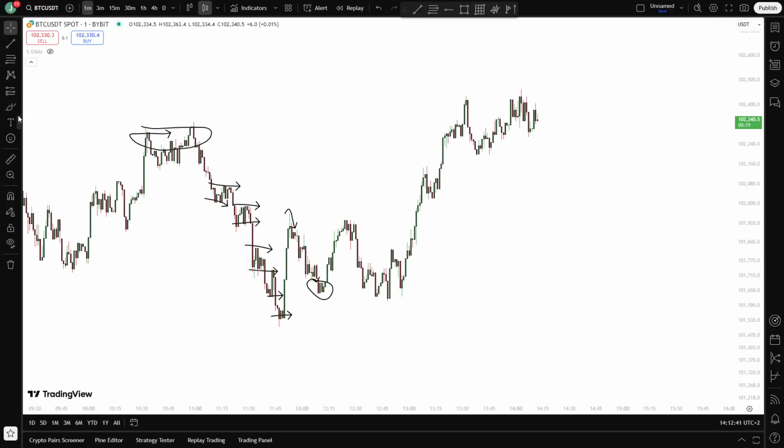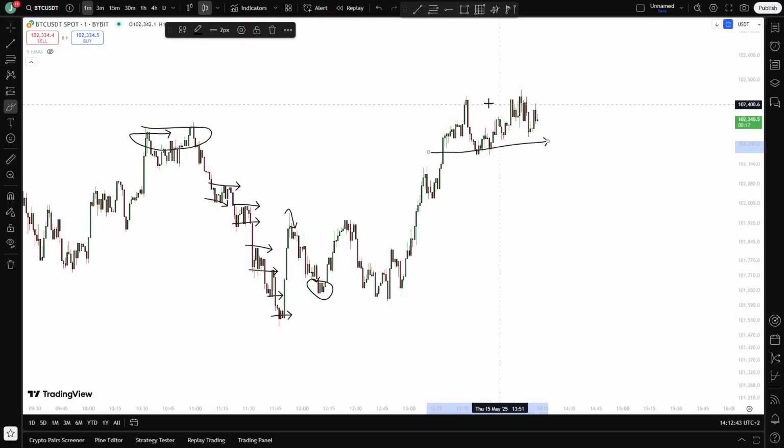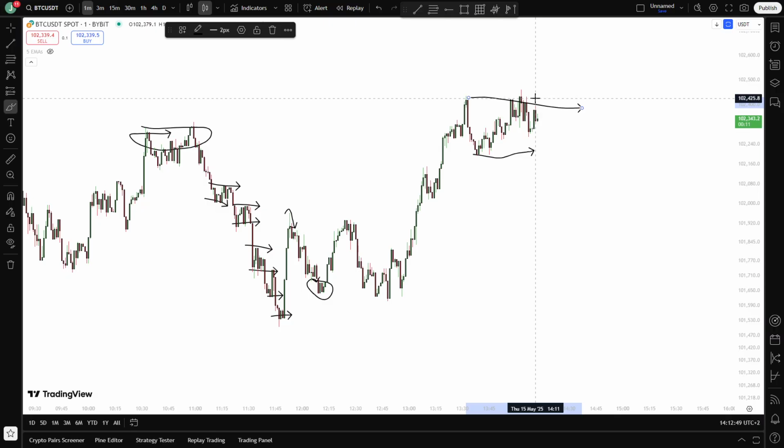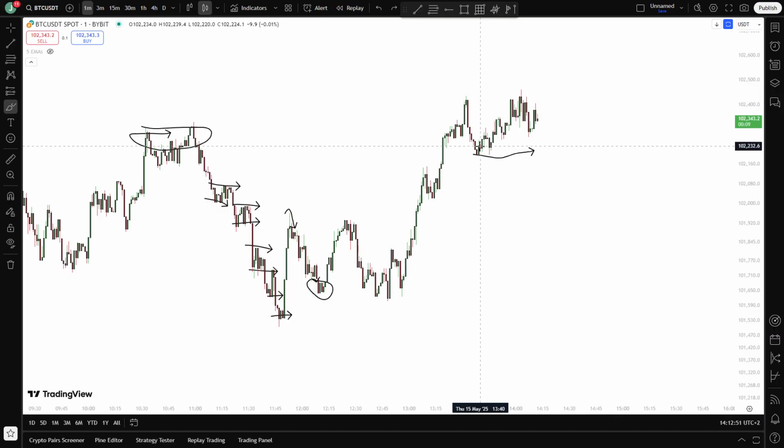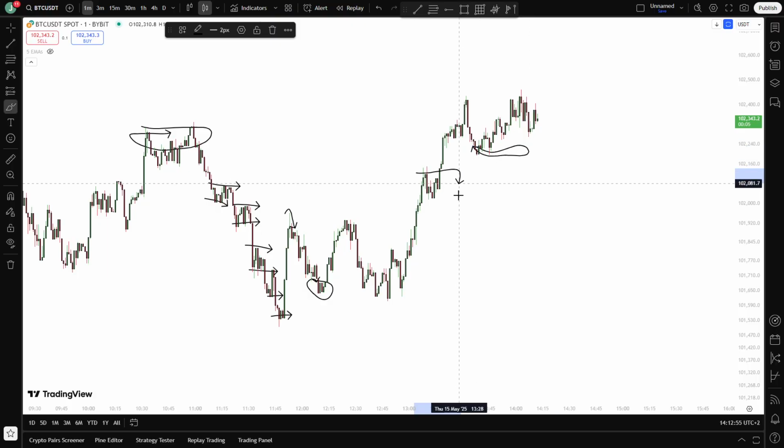So let's give a little example. If this will start to shift, currently it is not, but let's say this is shifting. We will be either looking at the previous staircase or the previous staircase where it has consolidated the longest.